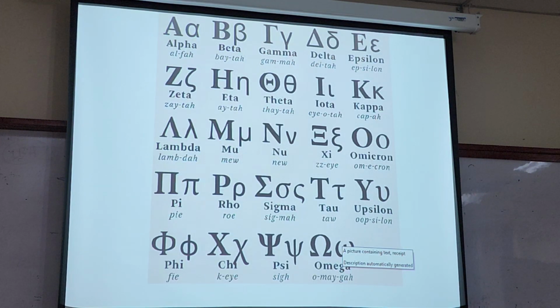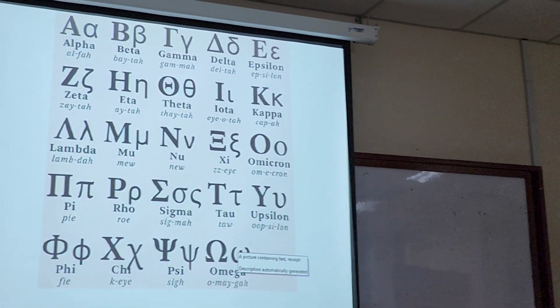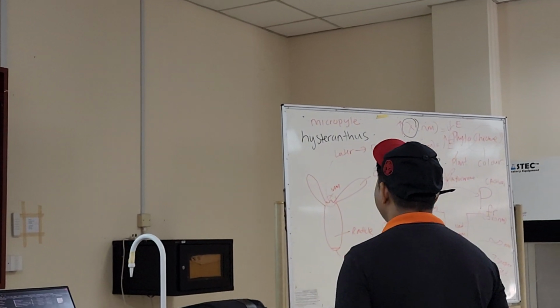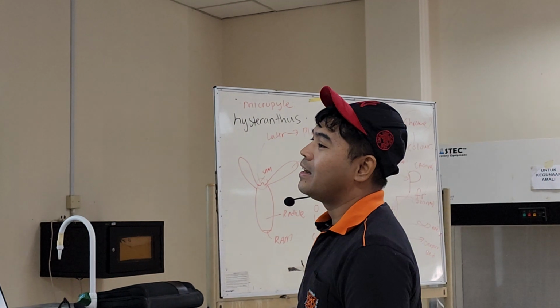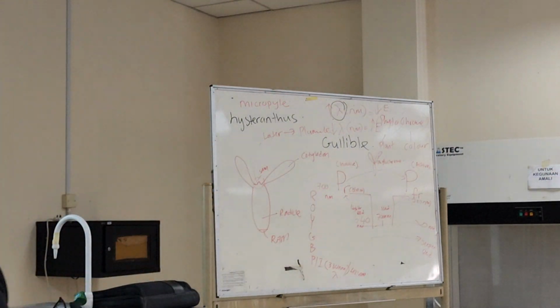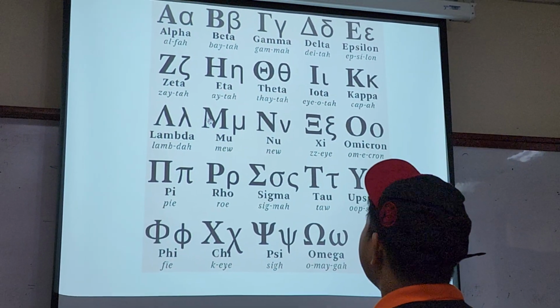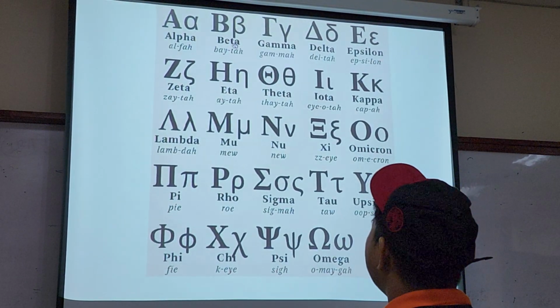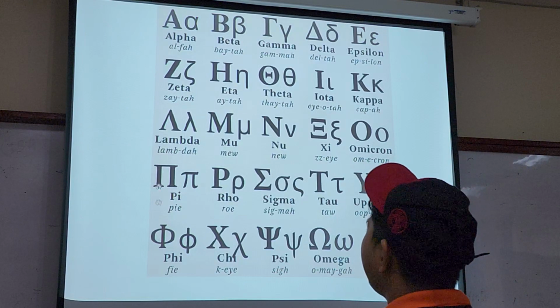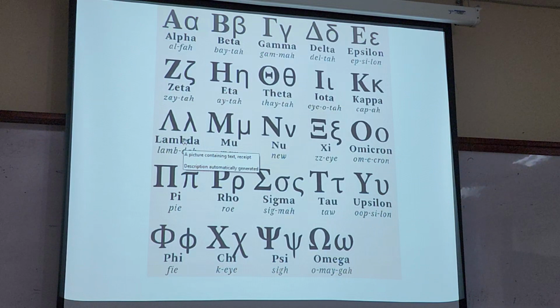For example, lambda just now. This lambda, is this lowercase or uppercase? Lowercase. So what's the uppercase? How does it look? Which one is lambda? An inverted V. This is the lowercase.